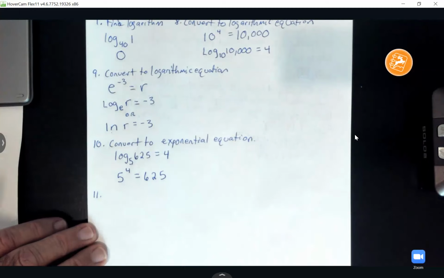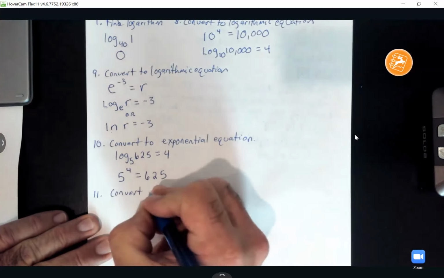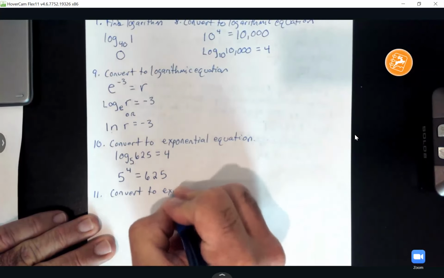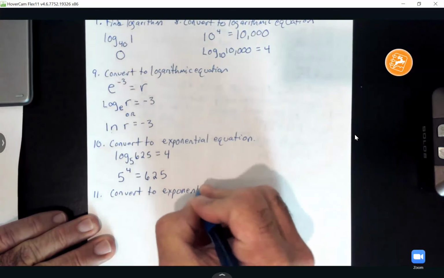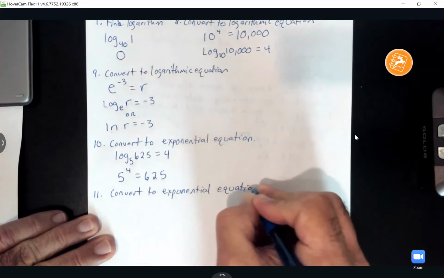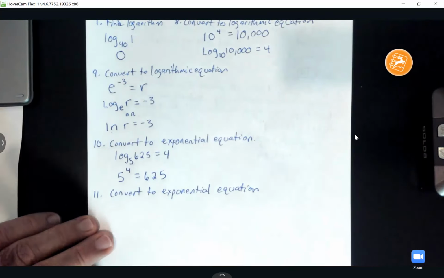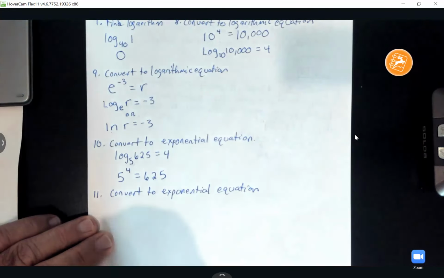So they gave us 2 of these also. So 11, we're going to convert to exponential. So y'all on this one, they're giving us letters instead of numbers, basically.